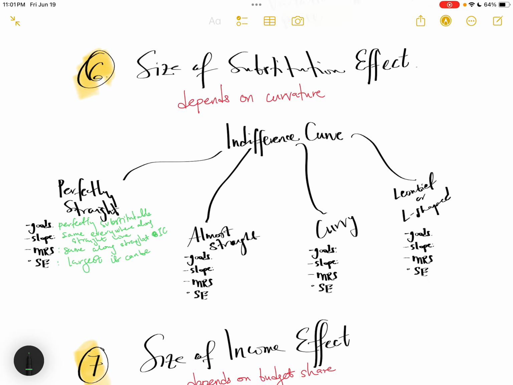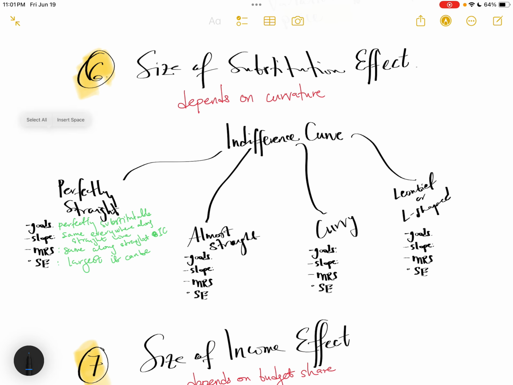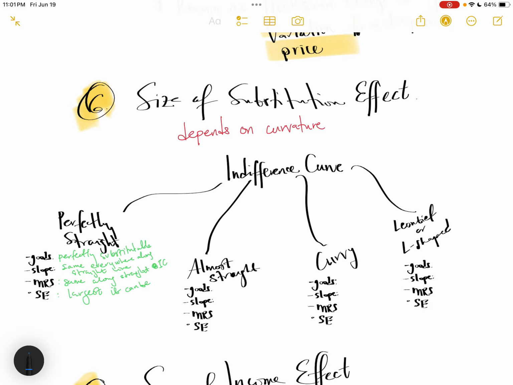Large as it can be. When you have almost straight indifference curves, the goods will be close substitutes. The slope will be almost the same everywhere along that almost straight line.